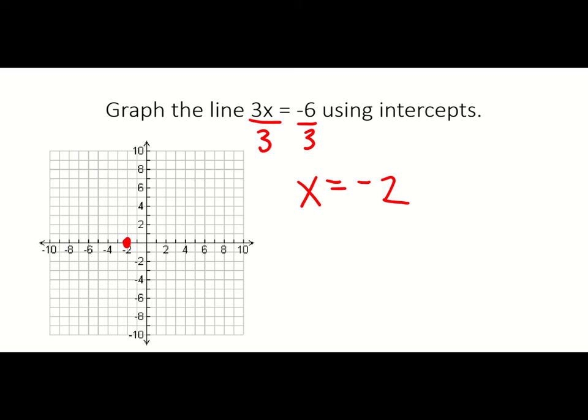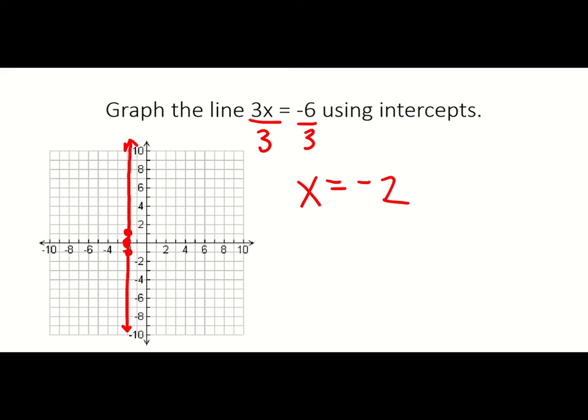So I don't want to go left or right on my graph because my x value will change. Instead, I'm going to go right above and plot a point, and right below and plot a point. Because at those values, the x value is the same, the y value has changed. And then this means that I get a straight vertical line at that number.